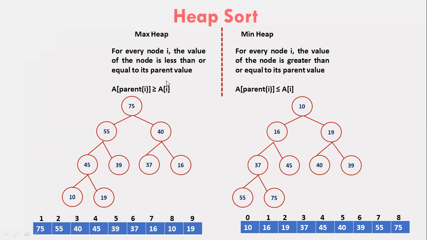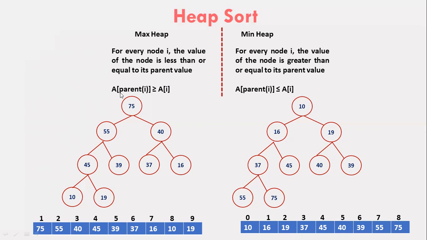So the value of the node is less than or equal to its parent node, but we need to understand the root node does not have any parent. In a simple way, we can also say that every node has a value greater than or equal to its descendant values.